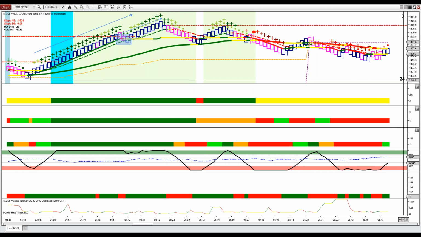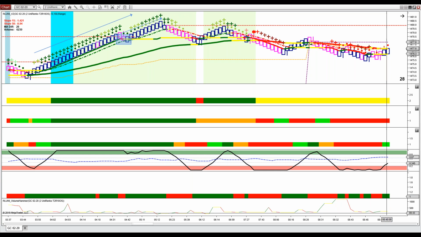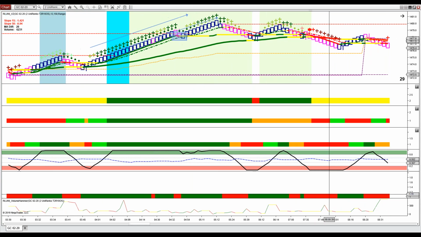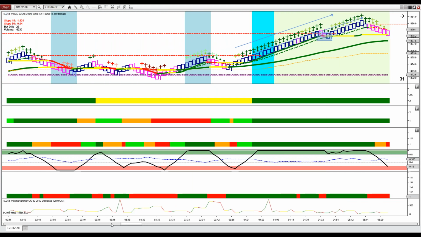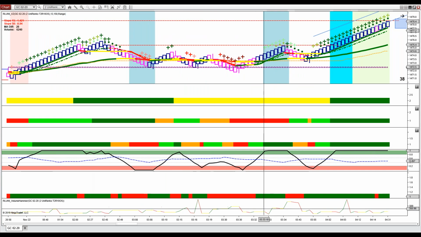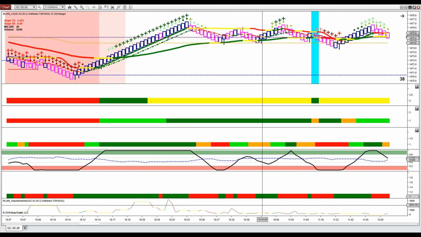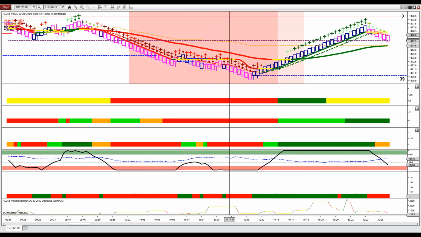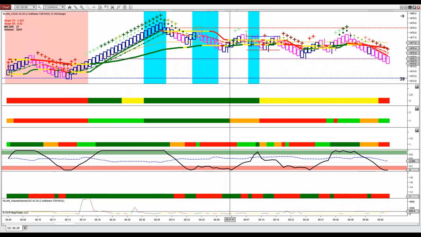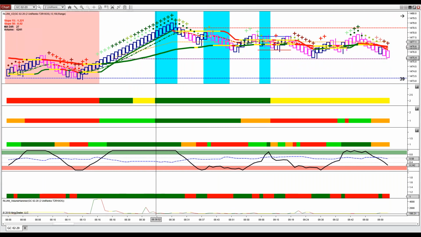But that's the number I look at to tell me if I am in fact walking into an institutional wave, because that number just skyrockets. And if you have a visual representation here, you're going to see a big spike, like right here. Now this is after hours, but if we go to a market that's open, you're going to see these big spikes in volume right here, right here, right here.